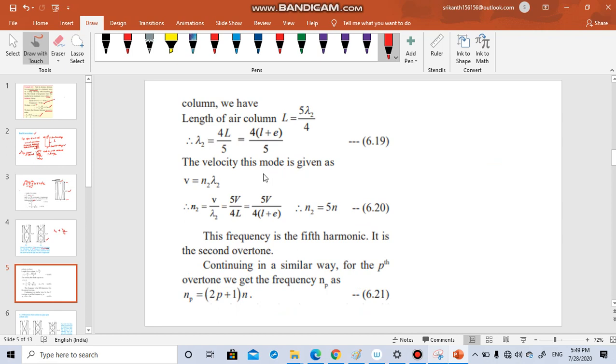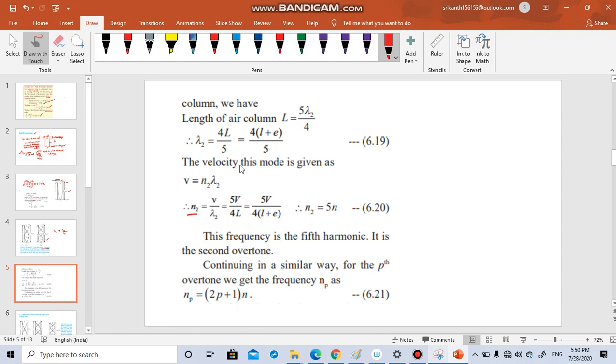Okay, so as usual V is equal to N lambda. Here N means frequency. N is not a number, N is frequency. Different books follow different sign conventions and nomenclatures. So what are we trying to find out? We are trying to find out the frequency corresponding to the second overtone. Okay, so it is V by lambda 2.